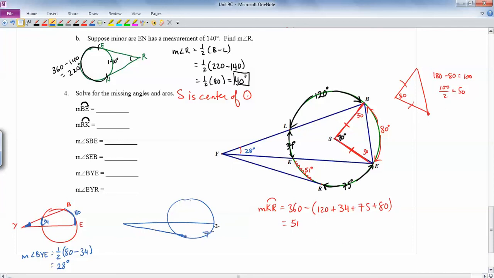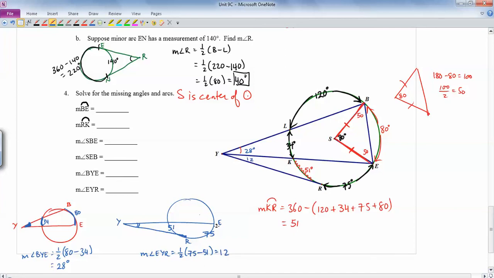The big one's 75, the little one is 51. And this is the angle that we're looking for. So that one is EYR. So measurement of angle EYR is going to be half of the big one minus the little one. So that's half of 24, which is going to be 12. So this one is 12.